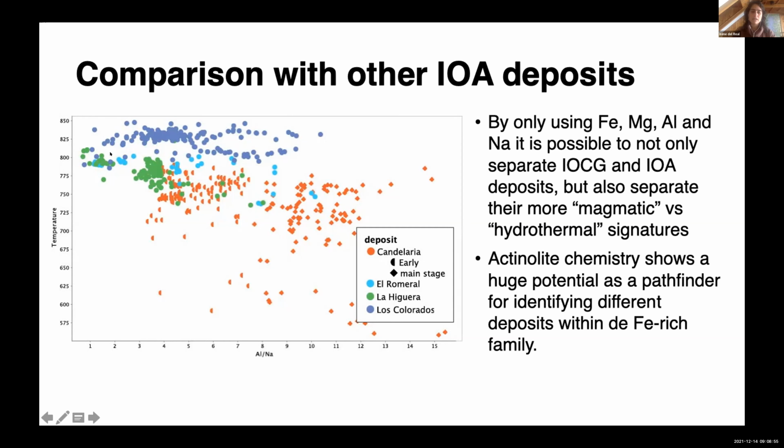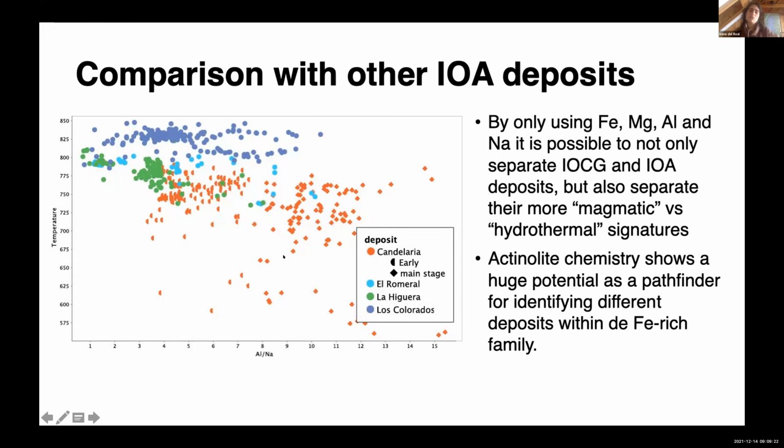And then we see another cluster of samples from Los Colorados, La Higuera, and Romeral that plot at even higher temperature and have a lower aluminum and sodium. So it seems we can use actinolite chemistry as a proxy for classifying and understanding IOA and IOCG deposits, showing that they go from something more magmatic at one end member to something more hydrothermal.